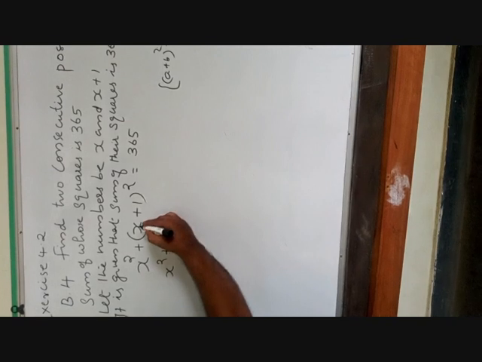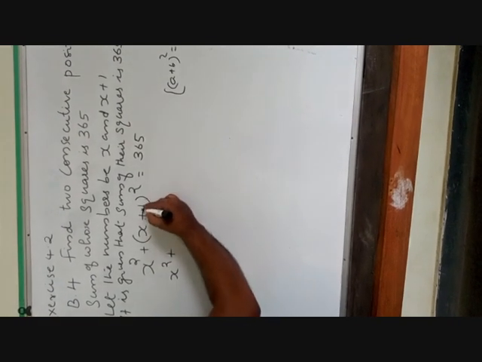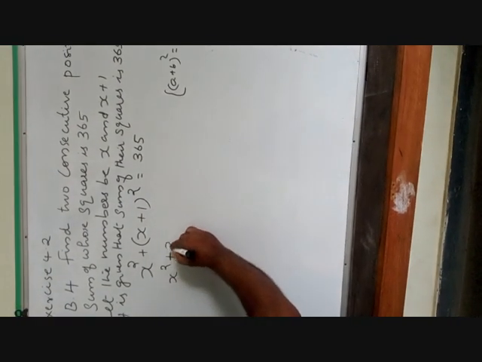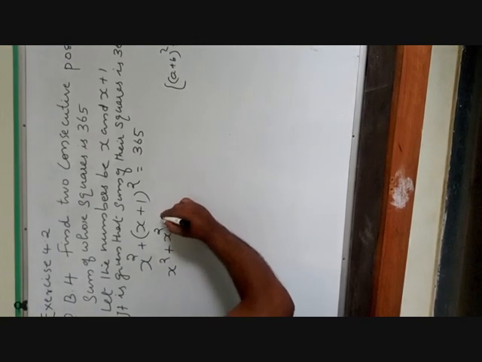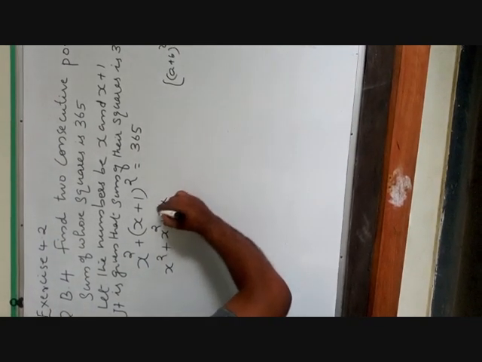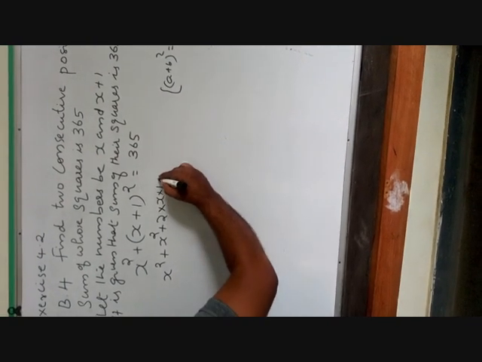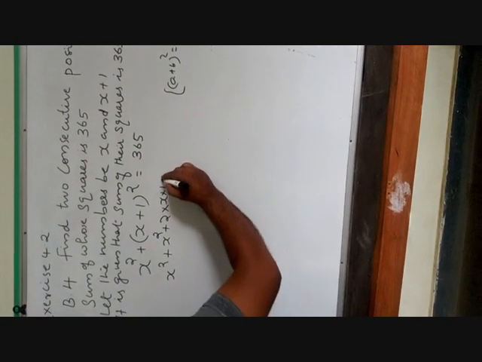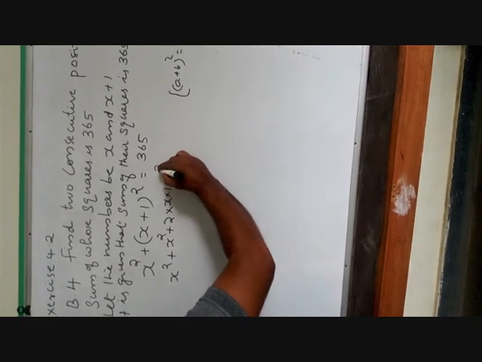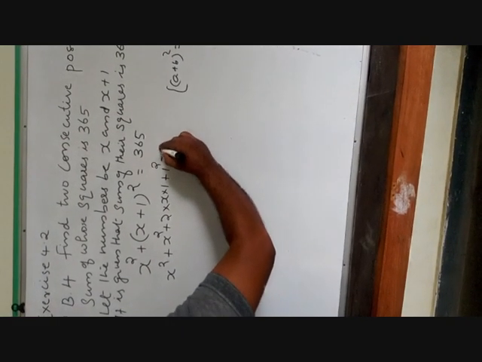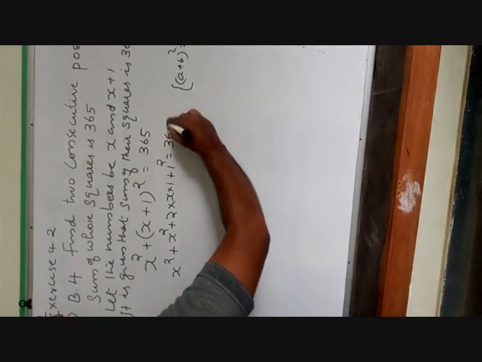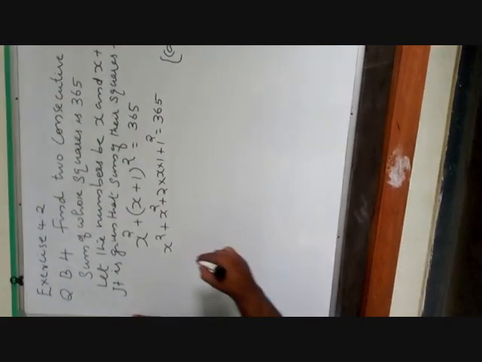Therefore, we can write x square plus 2ab, that is 2 into x into 1, plus 1 square is equal to 365.